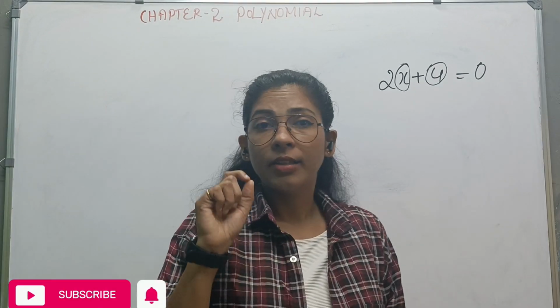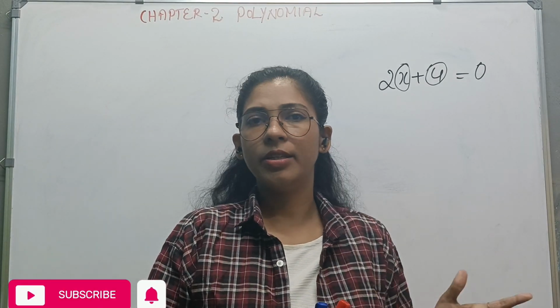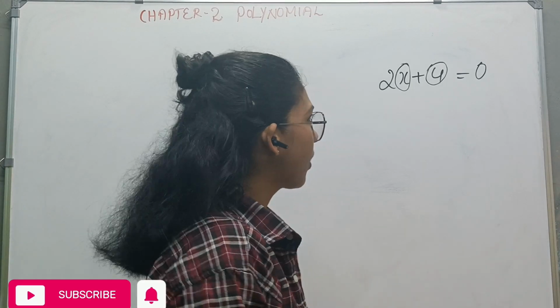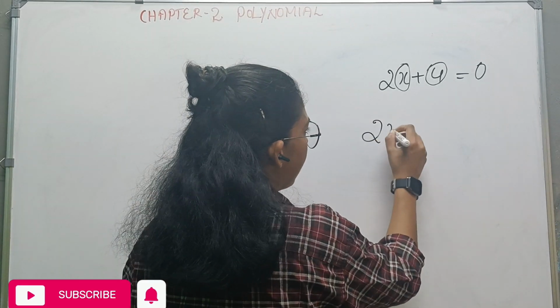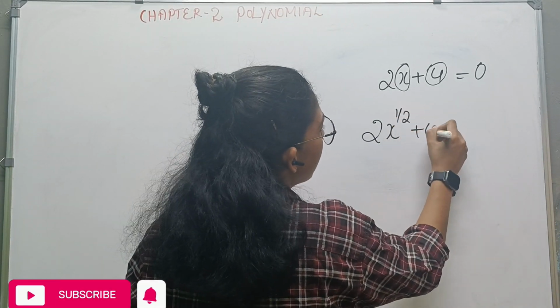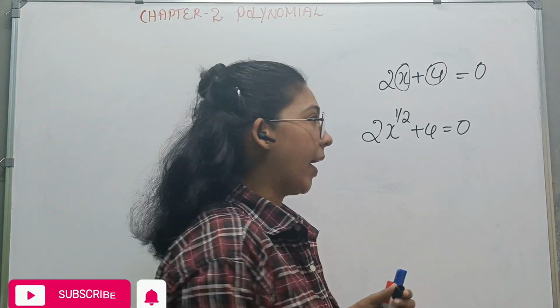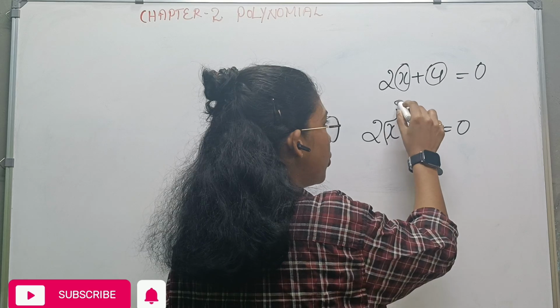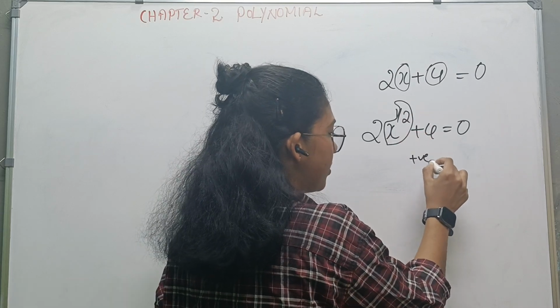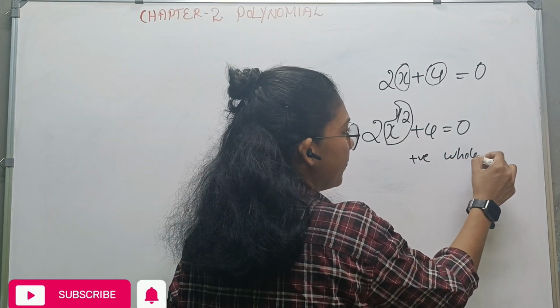Then, the conditions of a polynomial. What are the conditions of a polynomial? If the expression is like this, then we can't say that it is a polynomial. Why? The power of the variable should always be a positive whole number.